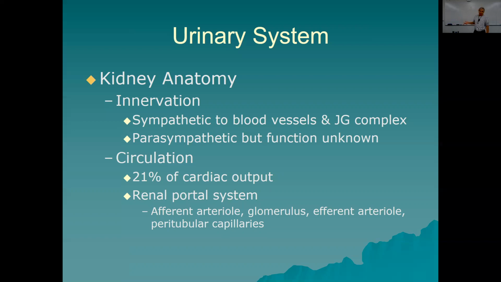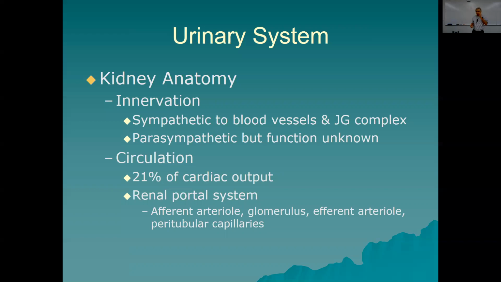Okay, the circulation to the kidney, it's huge, 21% of cardiac output. The kidneys get a lot of blood. Remember here, we're going to see another portal system, the renal portal system, which consists of the afferent arteriole, the glomerulus, the efferent arteriole.